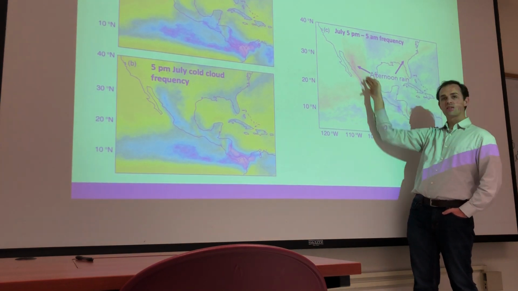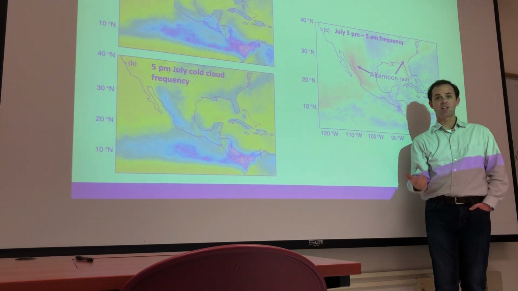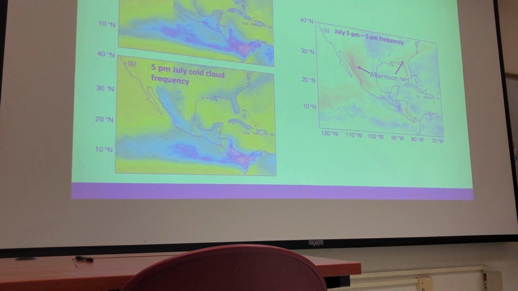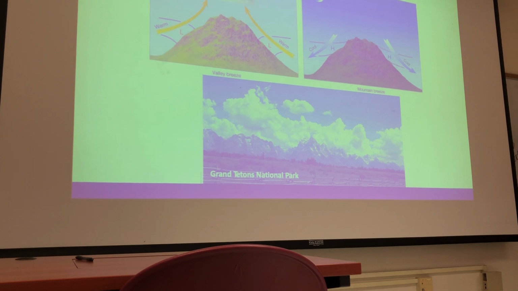Furthermore, it's also mountainous around here, and that's one of my next slides, which is to say another place we see this sort of thermally direct circulation is mountain circulations.